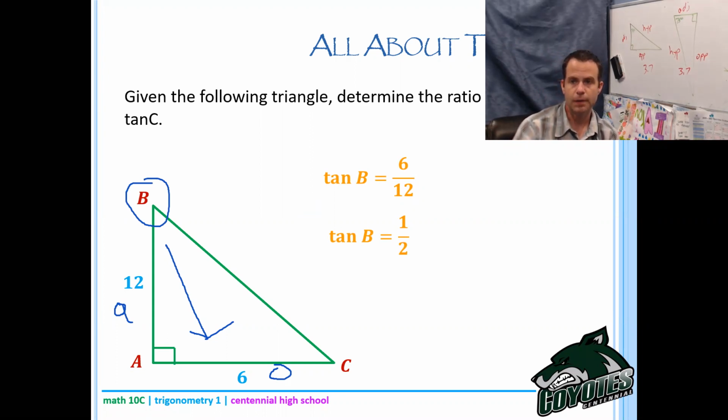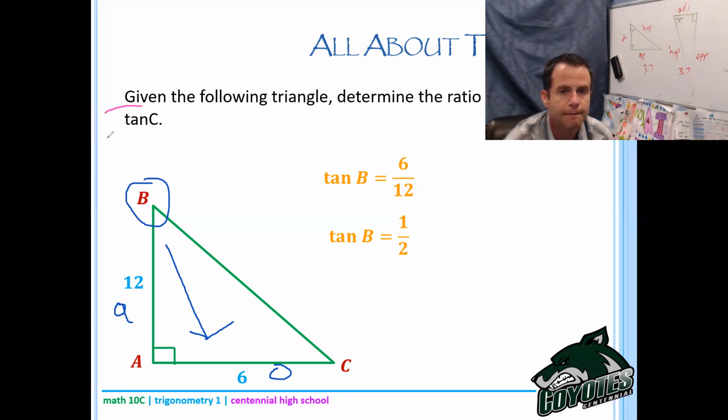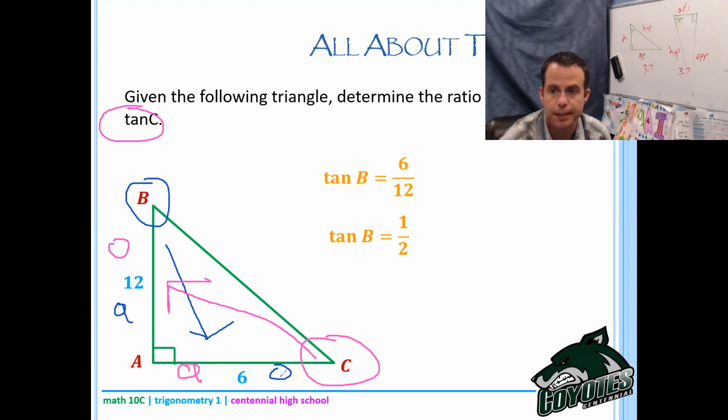Okay? What if I asked you for tan of C? Well, that means I'm looking at angle C. So now I'm looking at angle C's opposite divided by angle C's adjacent. Do you see how these guys flipped positions? Because I flipped the angle.